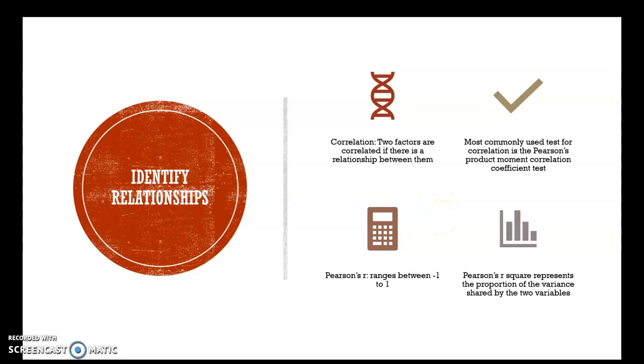If they're opposite, like x is growing and y is decreasing, then the value is closer to -1. If they don't really have any relationship, Pearson R's value will be closer to 0.